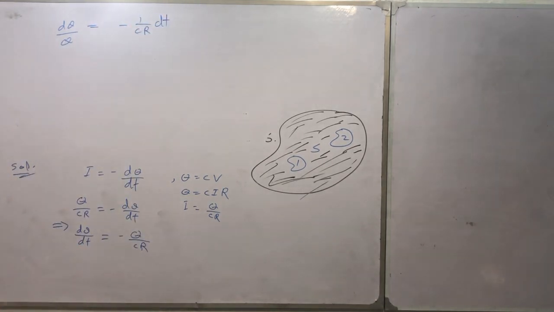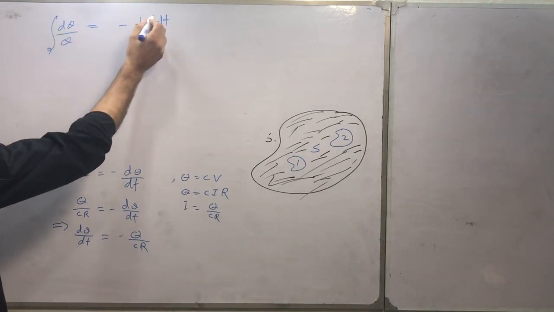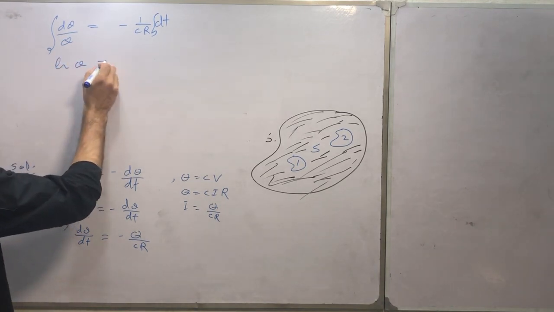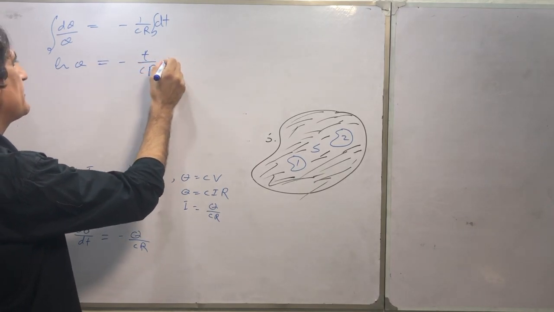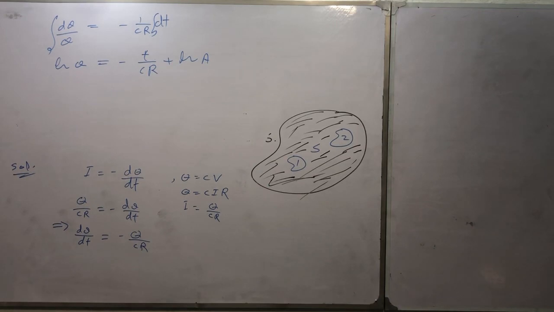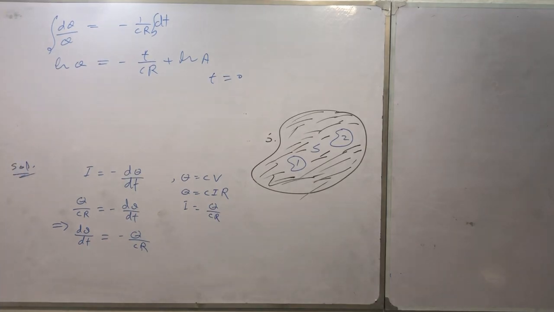We can write it like this and then integrate on both sides: natural log of Q is equal to minus t divided by CR plus log of some constant of integration. We need to find this constant at time t equal to 0.